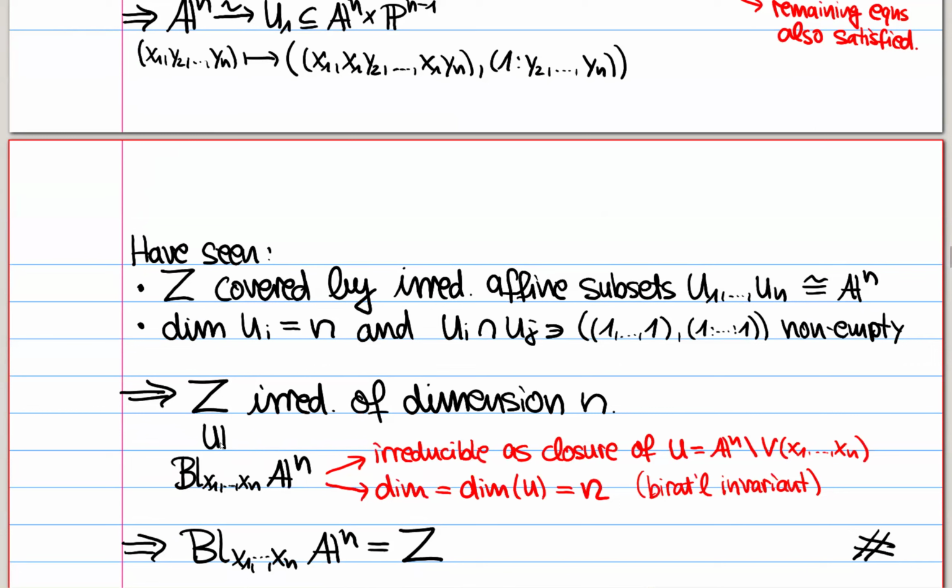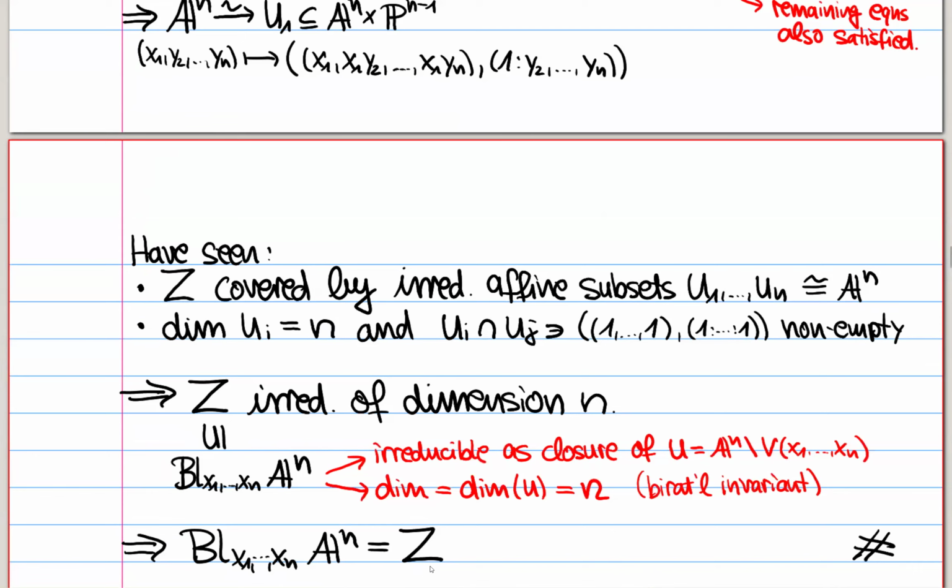If this was a strict inclusion, then you have here a chain of n inclusions of irreducible sets, and then this here would prolong the chain by one more strict inclusion, which would show that Z has dimension at least n plus 1. This gives a contradiction, so we have to have an equality. And this finishes the proof.